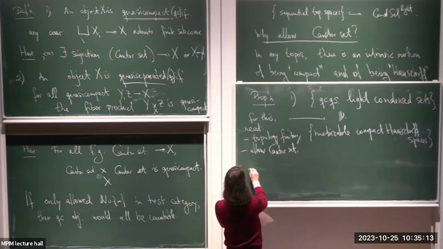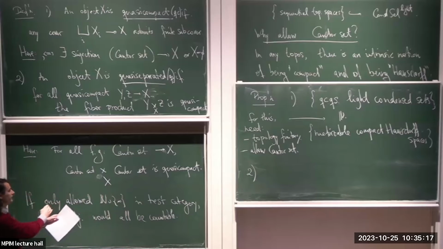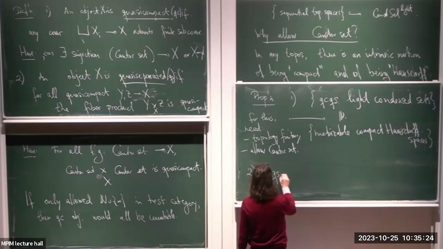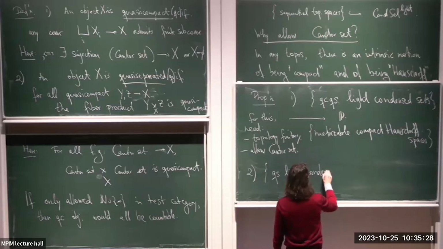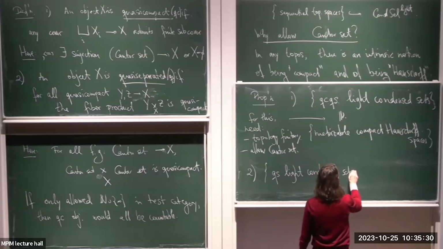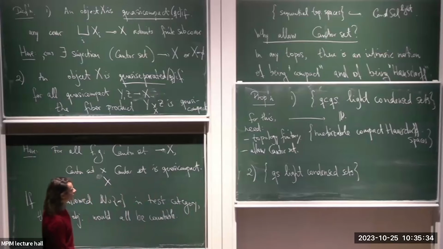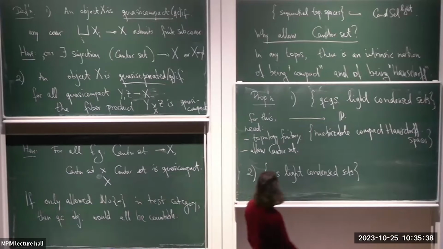And then you can also wonder, more generally, if you drop the compactness hypothesis, but still require a Hausdorff condition, what are those things? So what are the quasi-separated light condensed sets? And those also can be described in more standard terms.